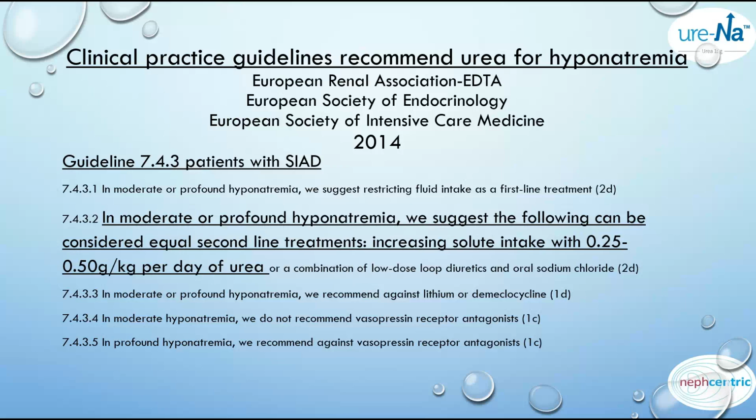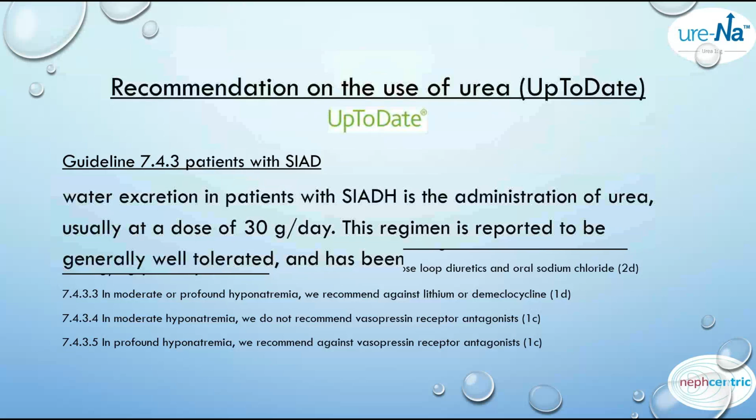So as you see over here in 7.4.3.3, it clearly demonstrates some of the agents that they are recommending against utilization in subjects with hyponatremia. So according to some of these guidelines, urea is taking a prominent role in the treatment of hyponatremia.